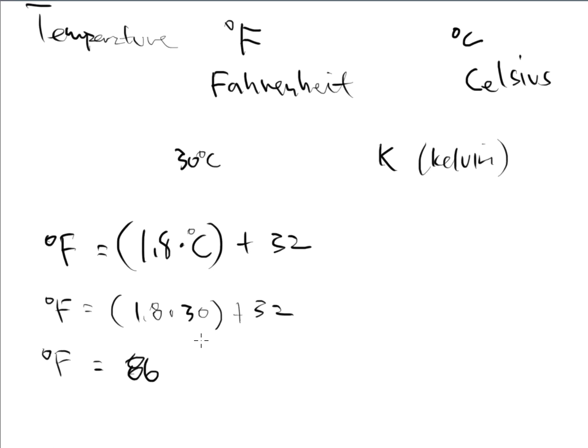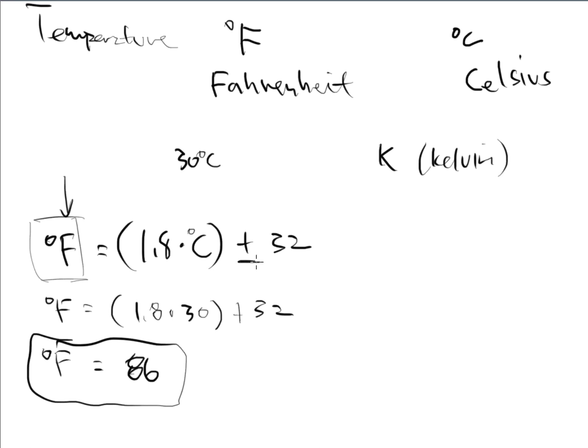It's simple, two functions: you multiply and you add. What you will always see is that Fahrenheit will be a bigger number every single time corresponding to a Celsius degree. So if I'm trying to solve for Fahrenheit here, I need to make sure that number is bigger than Celsius.